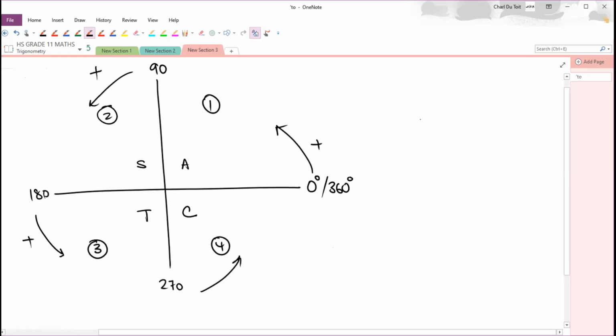In other words, if I do cos of 120 degrees, then I know it's in the second quadrant. 120 is between 90 and 180, and that will give me a negative cos value. If I do tan of 300 degrees, that is in the fourth quadrant. Can you all see that? Yes, sir. That will be a negative tan ratio.